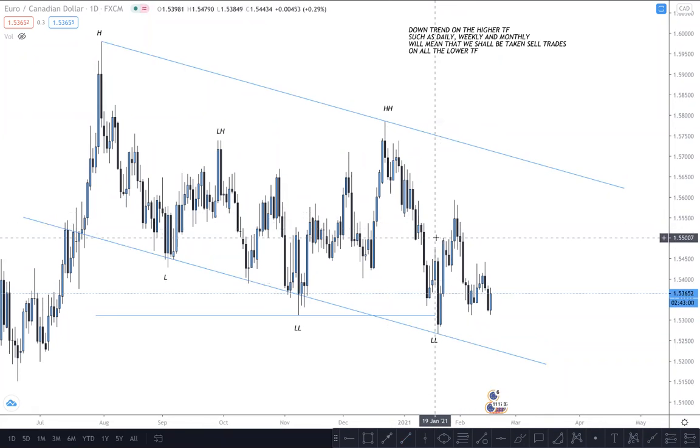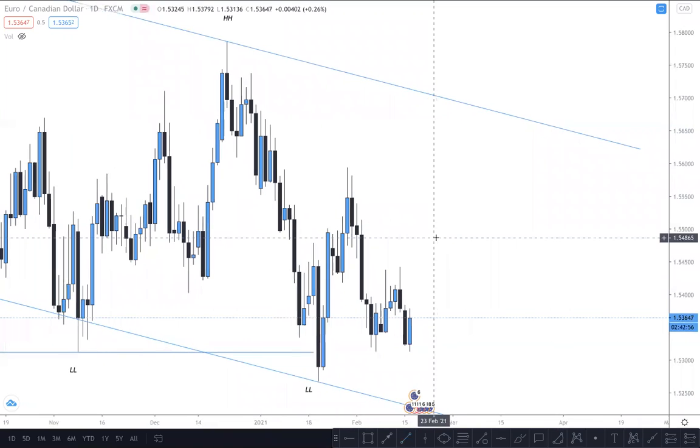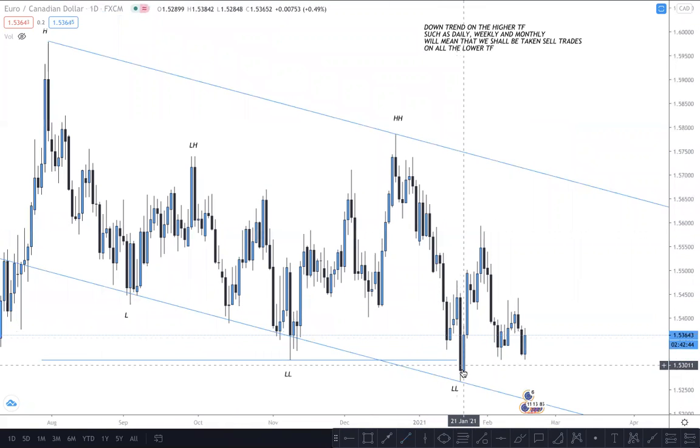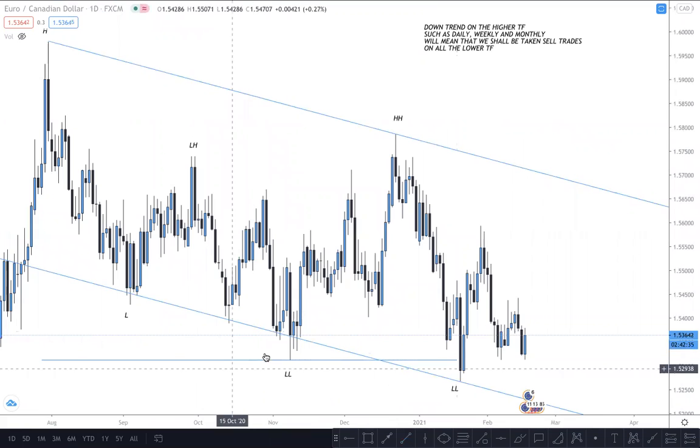And who can tell me what has happened? BOS. Yes, we broke market structure once price went above that particular area. And that tells you that this wasn't just a down move to create a lower low. Instead, it was an intentional down move that has caused a liquidity capture.